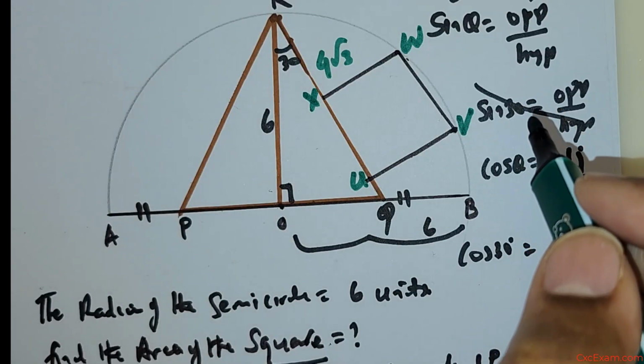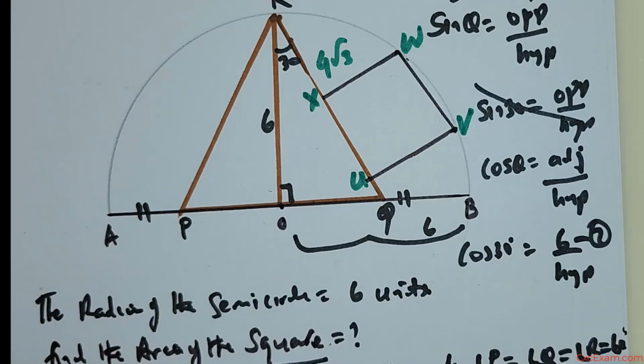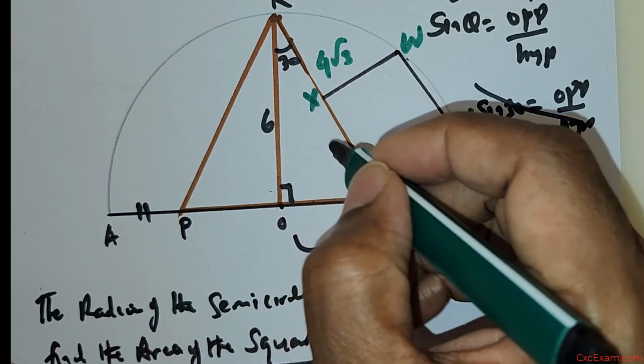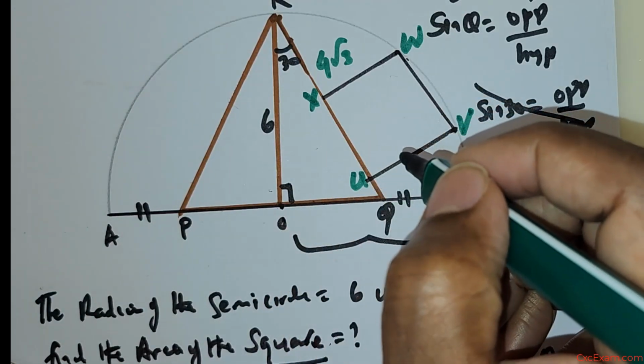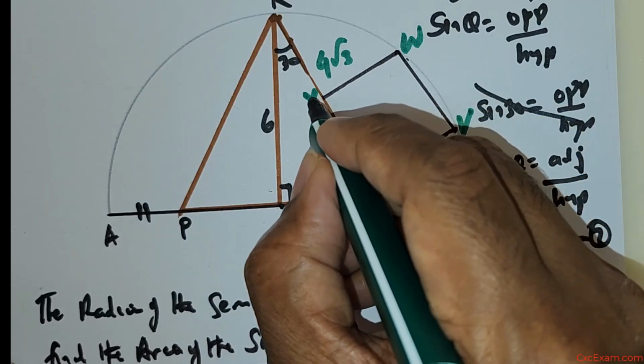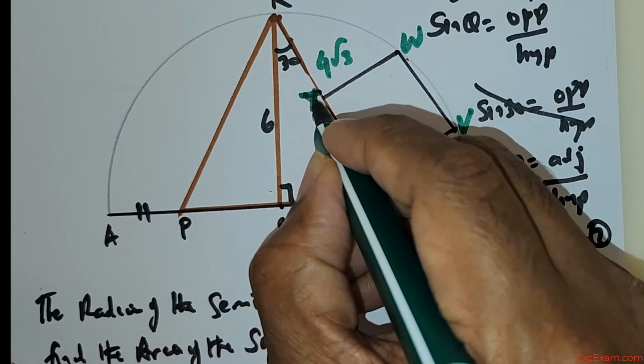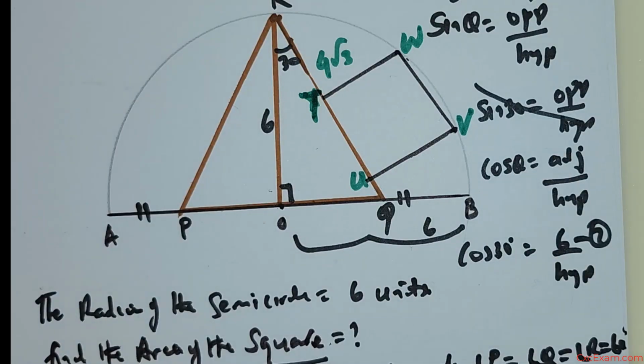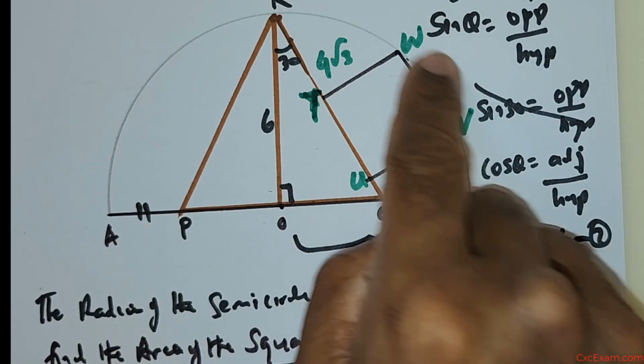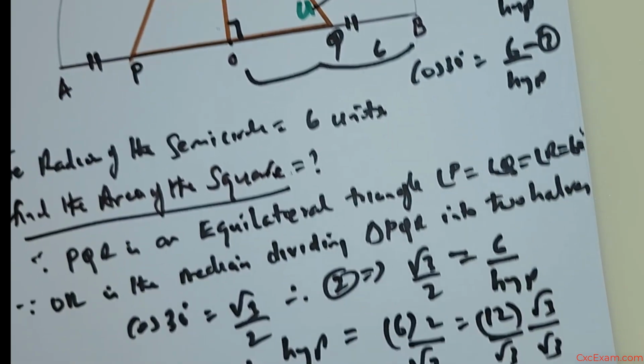Okay, so if I were to take, I don't want to use this x, I will take it as some t here. Okay, so UVWT is the square.